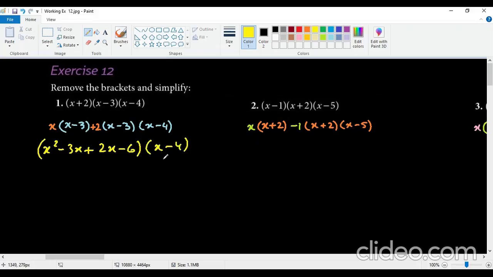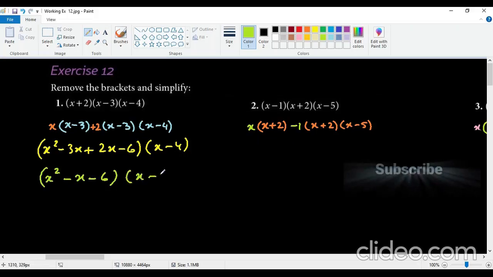Now I'm going to multiply this with x square minus 3x plus 2x minus 6, or we can simplify this first to make things easier. x square plus x, because from minus 3x one is subtracted, so minus x and minus 6 is going to be the answer for the first two brackets. It's multiplied by x minus 4.